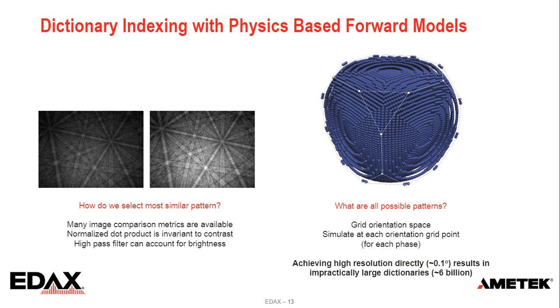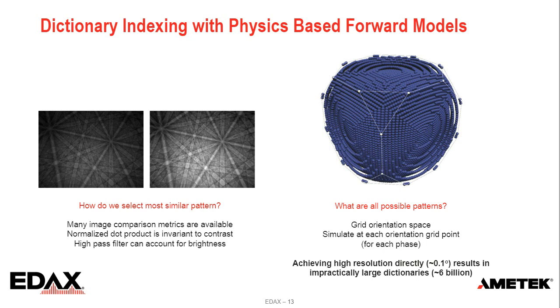And then the all possible patterns part is slightly more complicated. Basically what you have to do is grid all of orientation space. And there is a somewhat complicated way of doing this that involves a new orientation representation. If you want the details, I'm happy to talk about that during the questions.